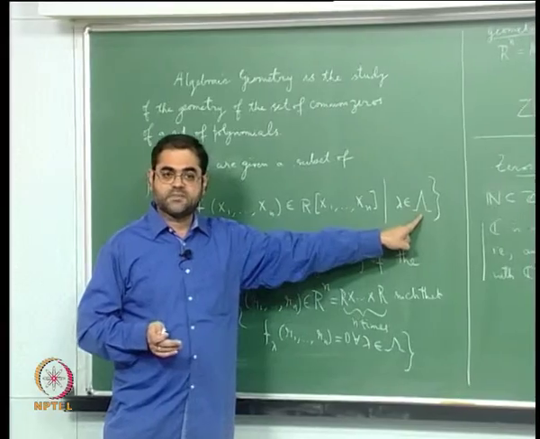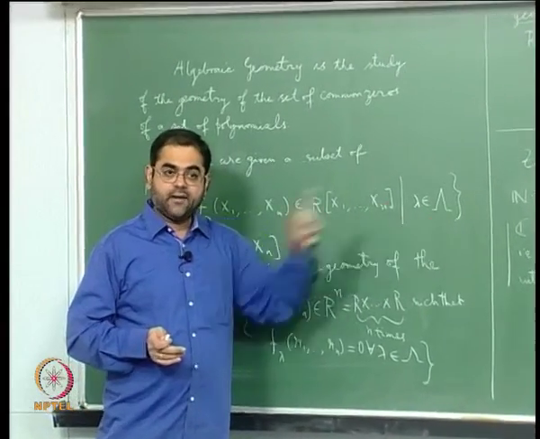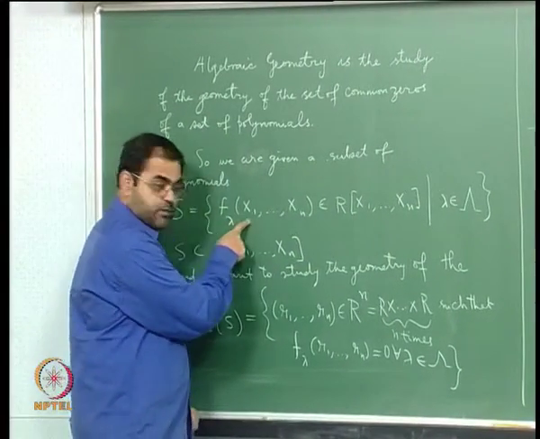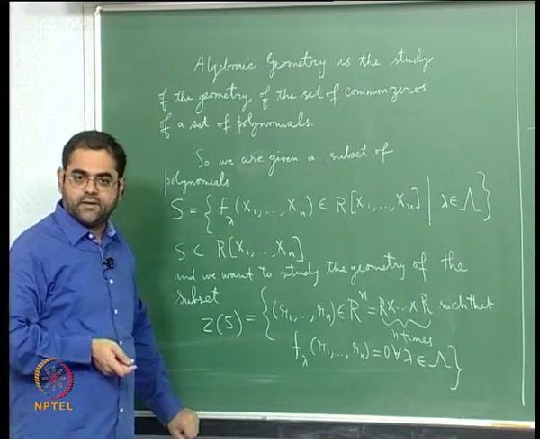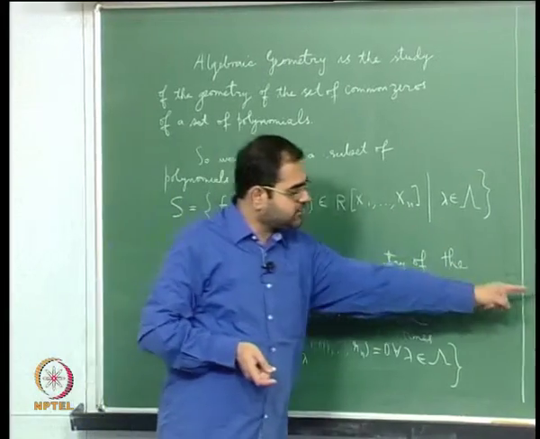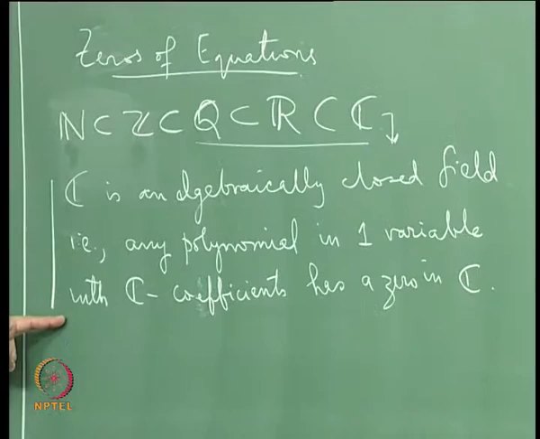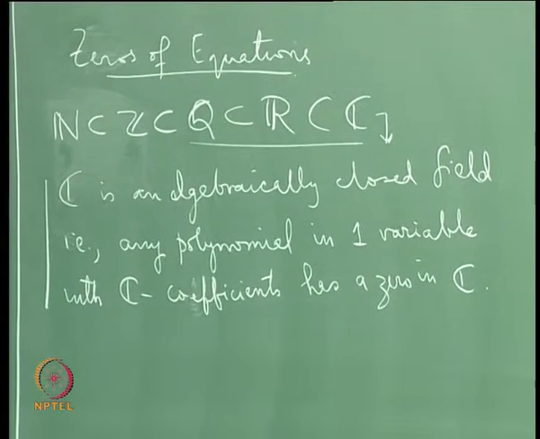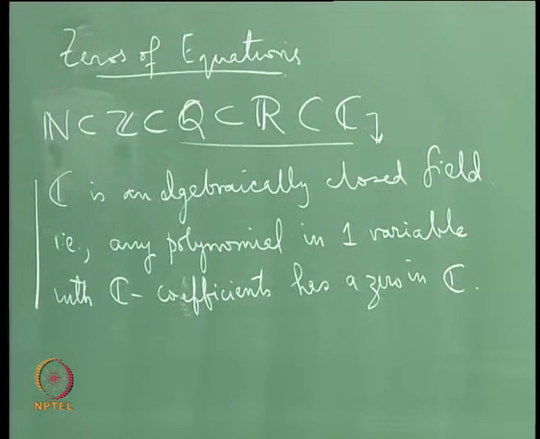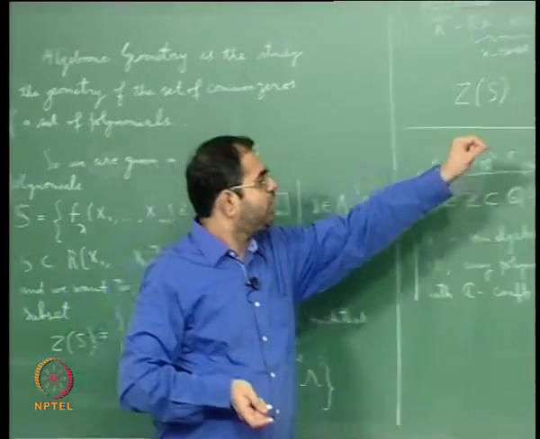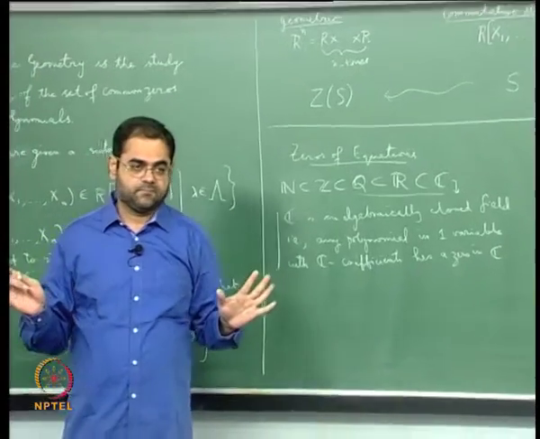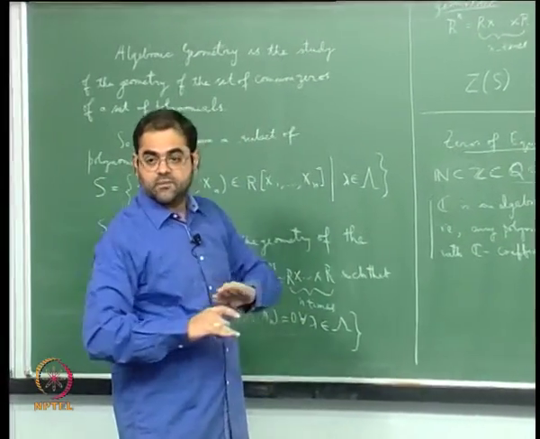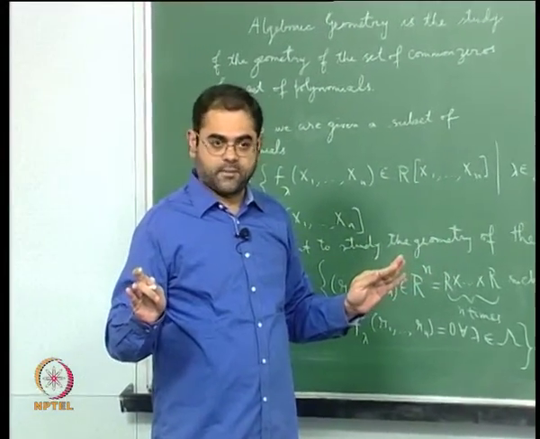Not only that, we are looking at polynomials in several variables. What the algebraic closure property tells you is that if you are looking at a polynomial in one variable and your coefficient ring is an algebraically closed field, then the zeros of a single polynomial are not going to be empty. But we want something very, very general to happen.